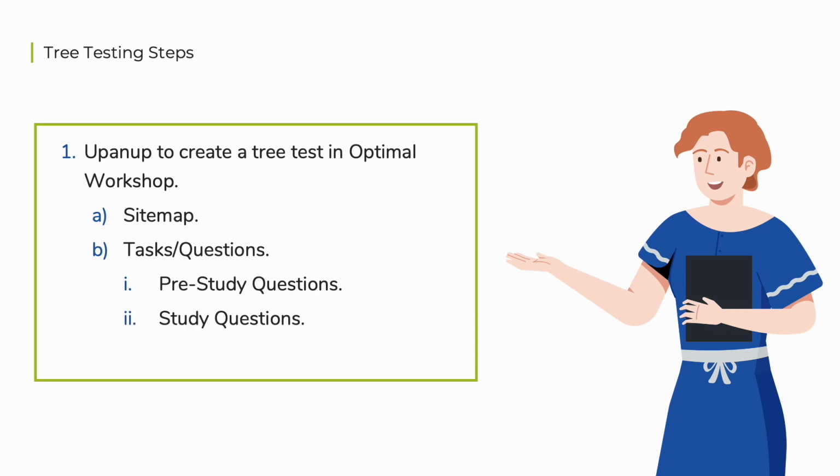Study questions, or a series of tasks, will ask participants to pick a location or menu label where they think they would find the answer in the tree. Post-study questions could be used to gain participants' feedback after the test they completed.